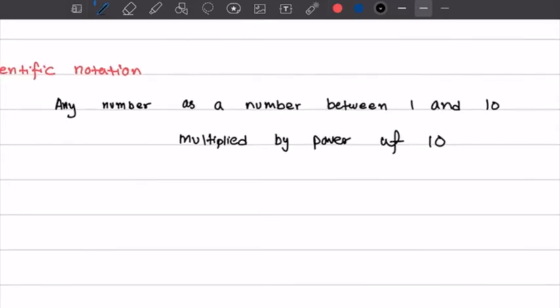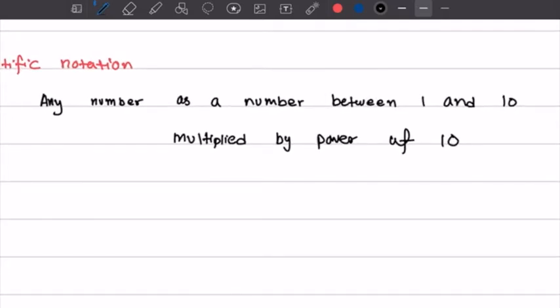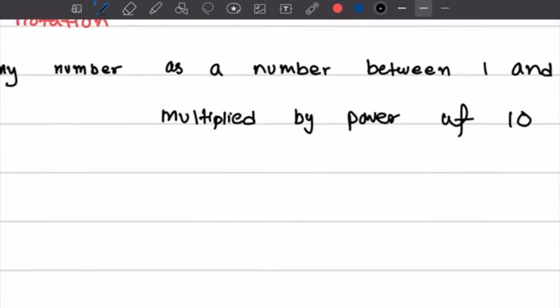Okay, so in numbers form, what this means is any number between 1 and 10. So let me just first write down what this looks like. Any scientific notation looks like a times 10 to the power of anything, let's say k.